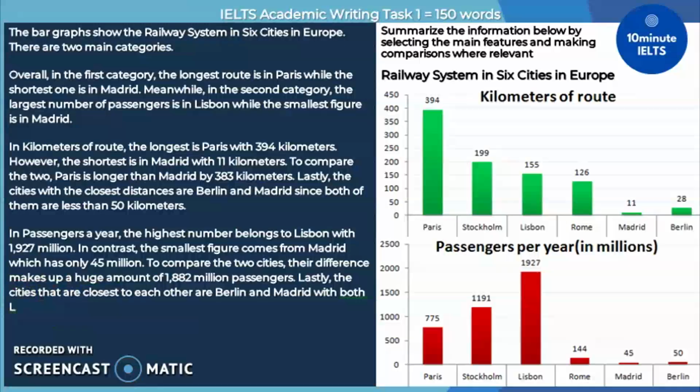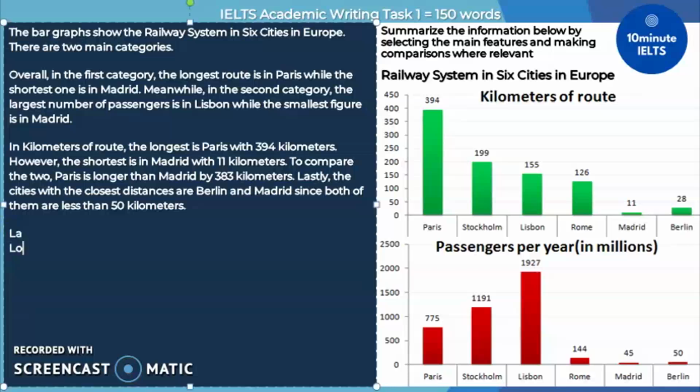Focus on the largest before moving on to the lowest for the main highlights, which can be written in the overview. Then move on to the body to give the difference and similarities. That way, you'll be able to answer both tasks and get 7.0.